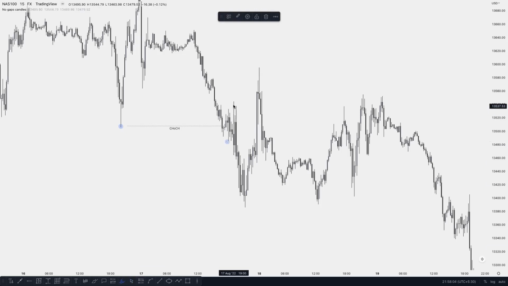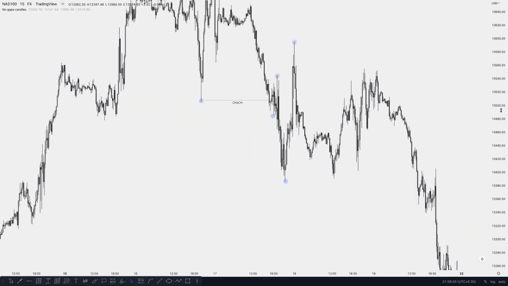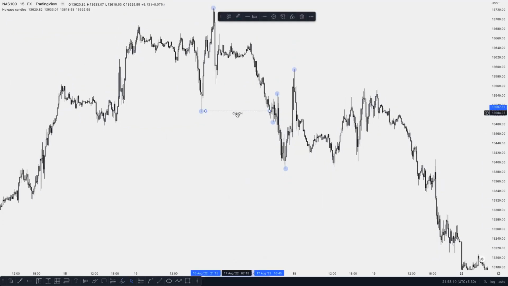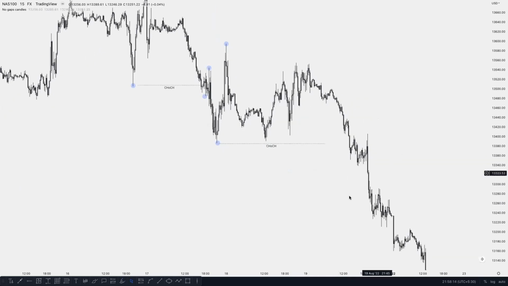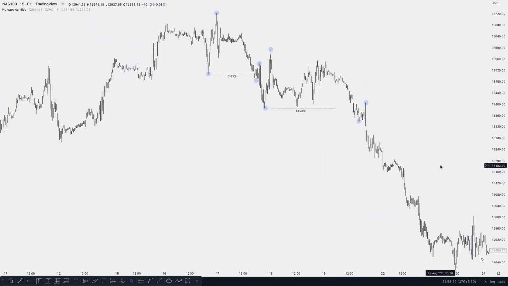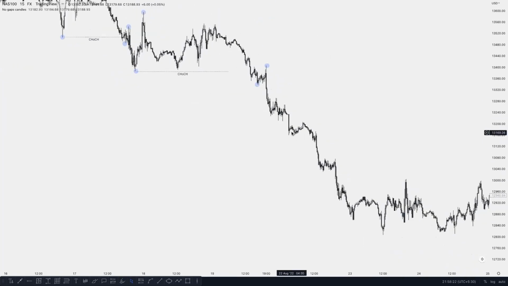You can mark the structure something like this. And again, break of structure is here. The same thing happens here. The market keeps pushing downside.